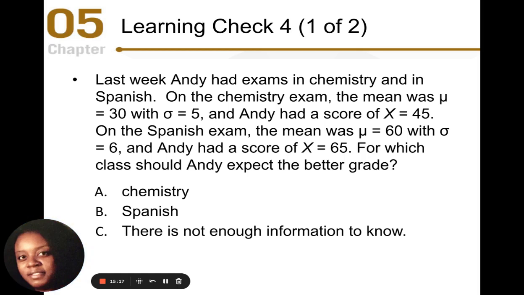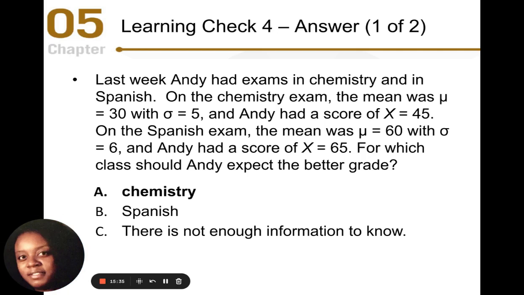Chemistry, Spanish, or there's not enough information? I'm going to give you a few moments to think about which of these answers might be most correct. And the correct answer is going to be chemistry, because his chemistry score was much higher than the mean, relative to the variance there.